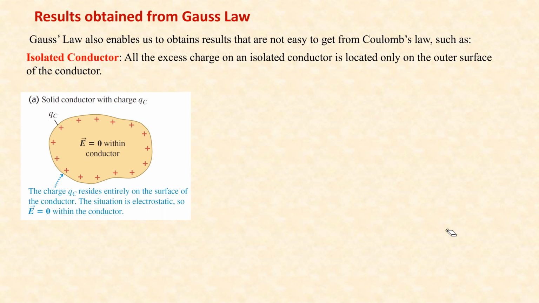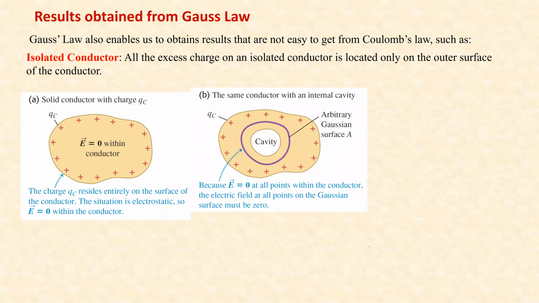But from Gauss law, we can see, if you have charges on this conductor, we know that by the definition of conductor, the electric field is 0 inside the conductor. So we can take a Gaussian surface inside, as you see here. You write the integral for this Gaussian surface, E dot dA equal to Q enclosed over epsilon naught.